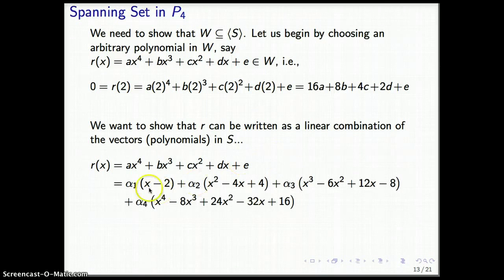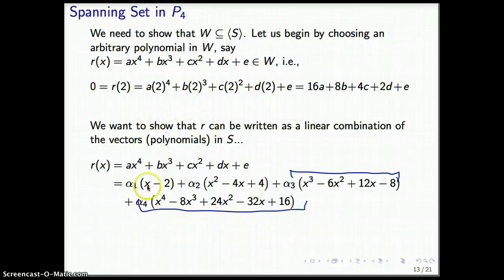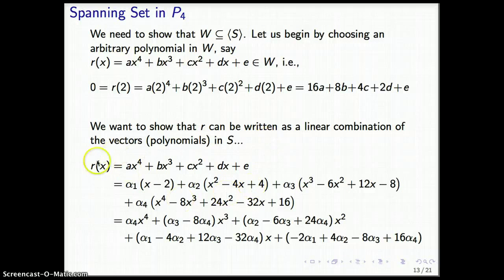So here's the scalar times U1, the scalar times U2, the scalar times U3, and then the last scalar times U4, okay? And by what's happening here, we can multiply alpha 1 times x, alpha 1 times 2, and do the same for every expression here. And then we can group the terms that have the fourth power, third power, second power, and so on. And that means that R of x is expressed as a linear combination of elements in W.